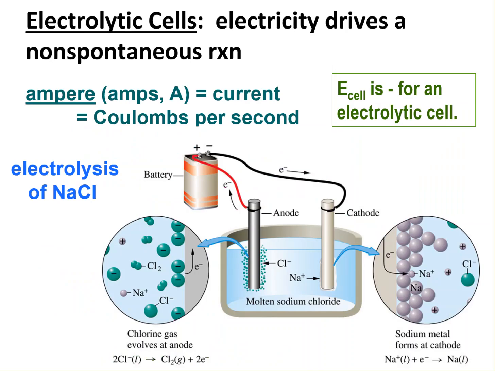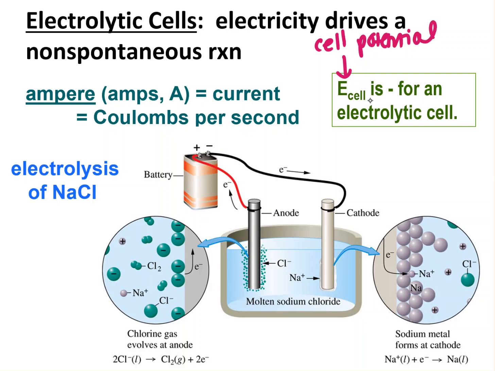A little bit about electrolytic cells, and we're not going to do too much with it, but I want you to know the definition. I have a power source here that is driving the current and making the reaction occur rather than the other way around. This little E cell is the cell potential, and it will be a negative number for an electrolytic cell.